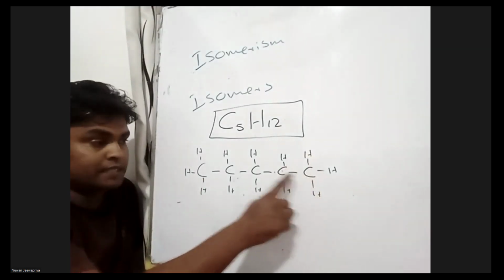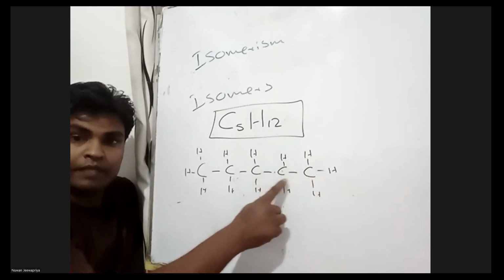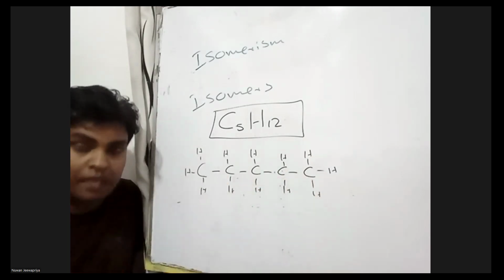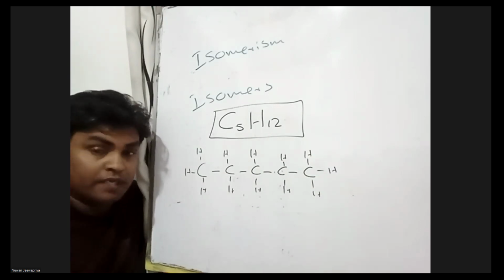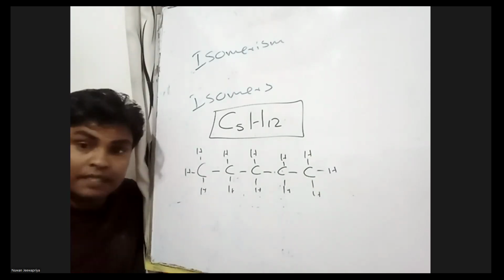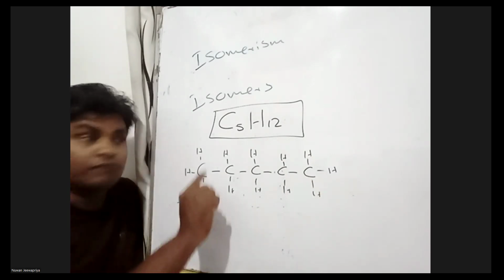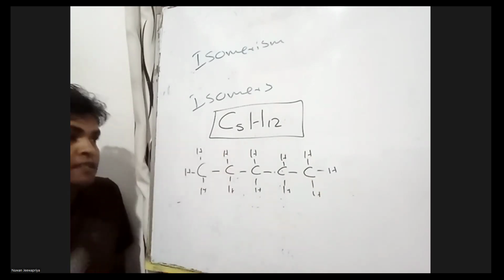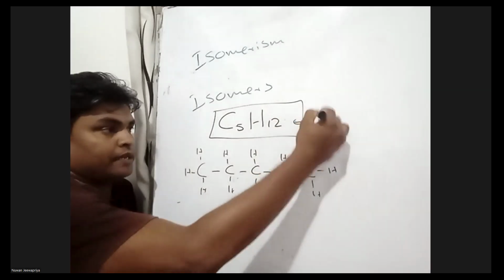You can clearly see that this carbon atom has 4 bonds, and this carbon atom has 4 bonds. It's compulsory that carbon makes 4 bonds. So this is one isomer of pentane.